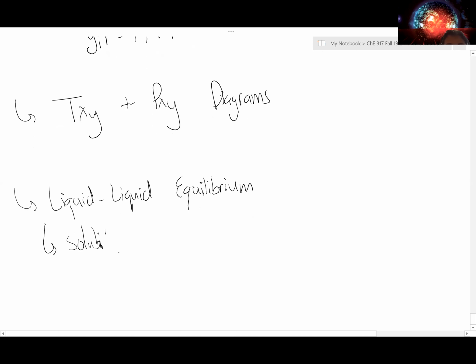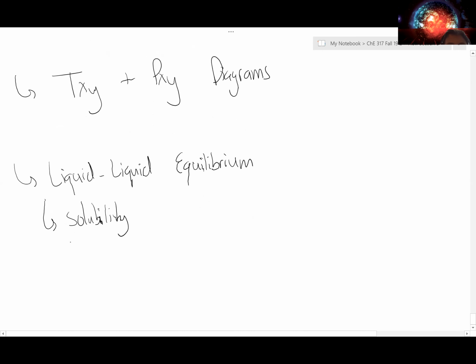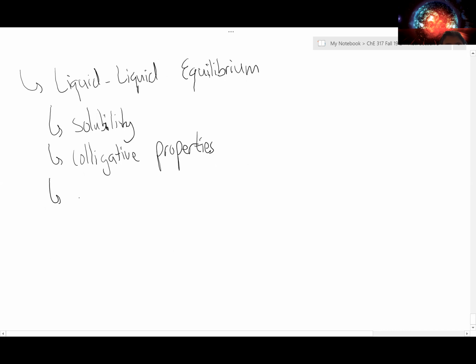We also looked at colligative properties. And definitely, we looked at ternary phase diagrams. I would definitely expect to see a ternary phase problem on your final.